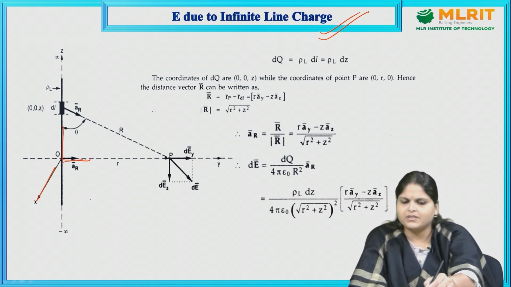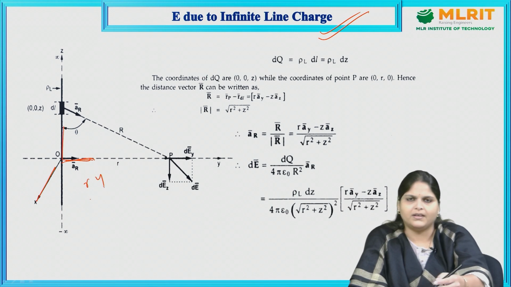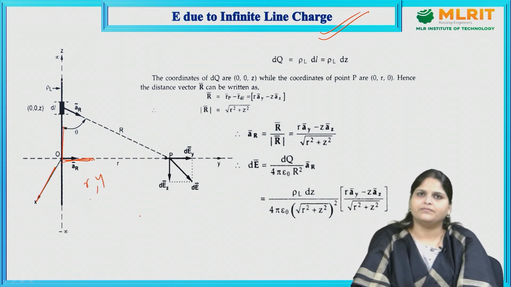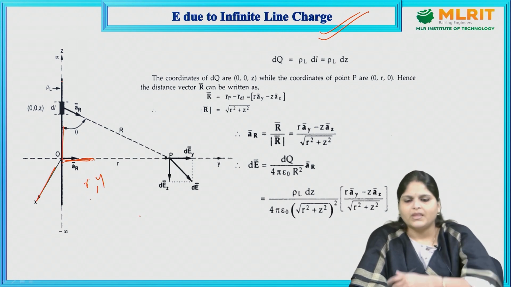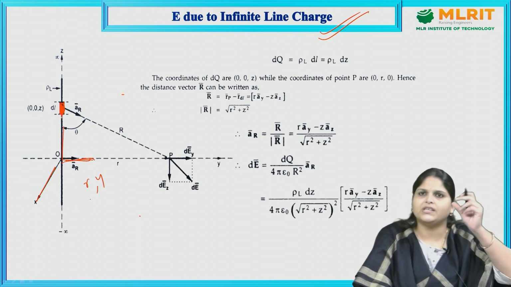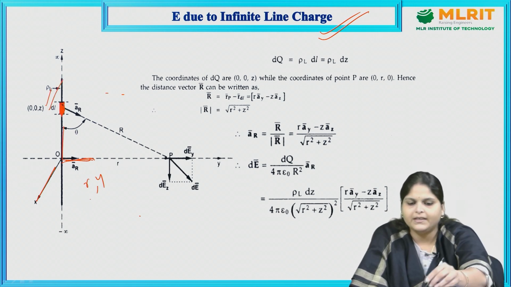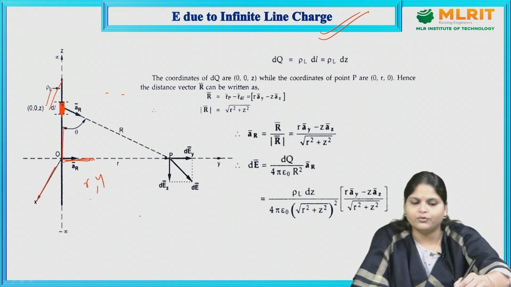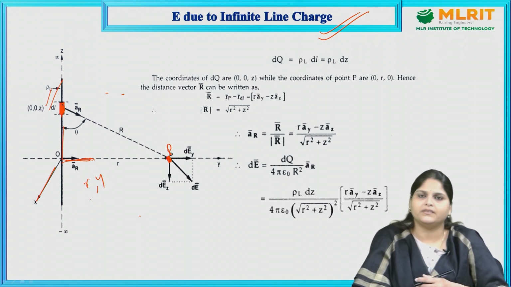So this becomes r, y or r, they are in the same direction. X would be common, z would be common, right? So on the z axis, we have considered a small element, a differential length, which is given by dl, right? And due to this element, we basically have to find the field intensity at this point P, right?